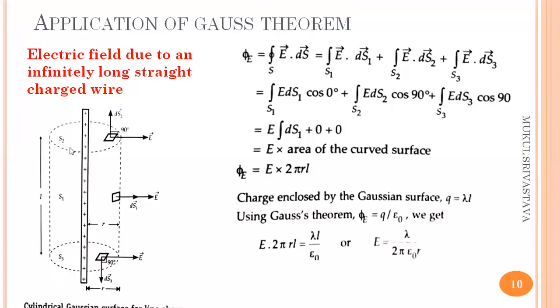Now at surface S2, the area vector is normal and is given by ds2 vector, which makes a 90-degree angle with the electric field. Again, the electric field E makes an angle of 0 degrees with ds1, and at the lower surface ds3 makes an angle of 90 degrees with the E vector. Small r is the radius of the cylinder and L is the height of the cylinder.